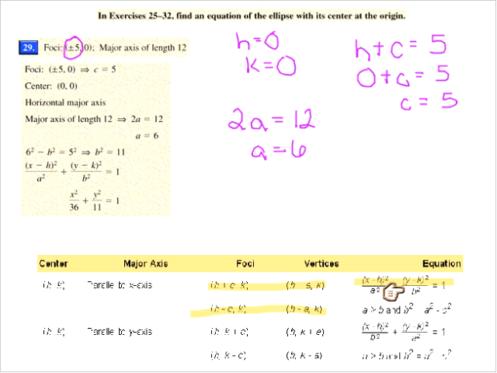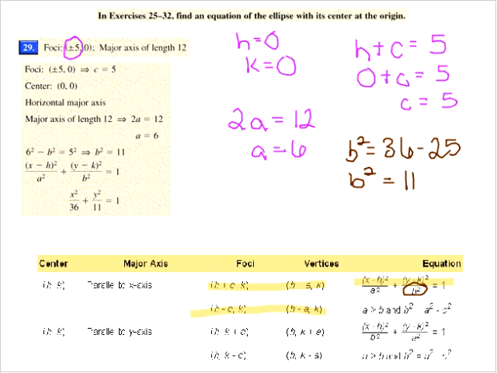We can now find b by using my formula here. So b squared, and in fact we will want b squared for our equation. So b squared equals a squared, which is 36, minus c squared of 25. So 36 minus 25 is 11.